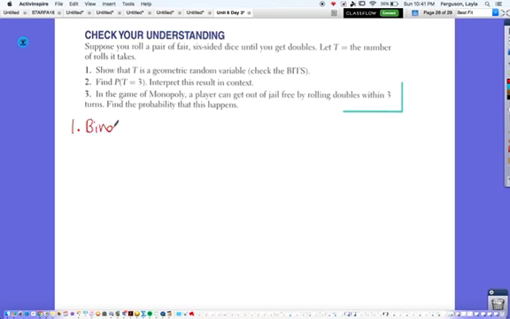So the first thing we have to show is, is it binary? Do we have a success, and do we have a failure? Success would be rolling doubles. A failure would be not rolling doubles.